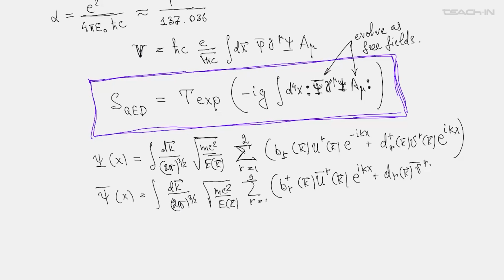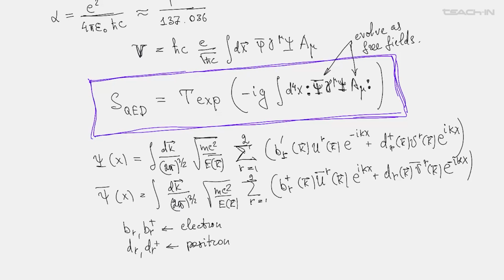Here b_r and b_r dagger are the operators of annihilation and creation of electrons. Correspondingly, d_r and d_r dagger are the annihilation and creation operators for the positron. This is how psi and psi bar are written via the creation and annihilation operators of electrons and positrons.